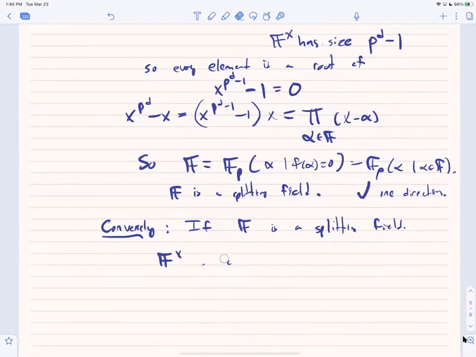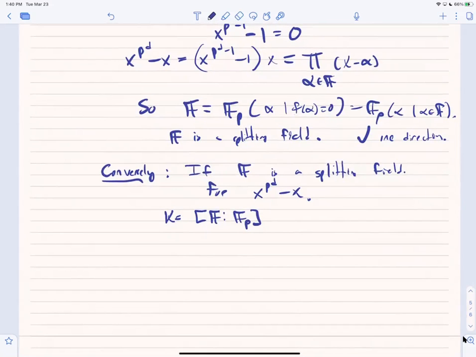So let me write: if F is a splitting field for x to the p to the d minus x, let me just write k to be the degree of F. We want to deduce that k is d, but we don't know that.